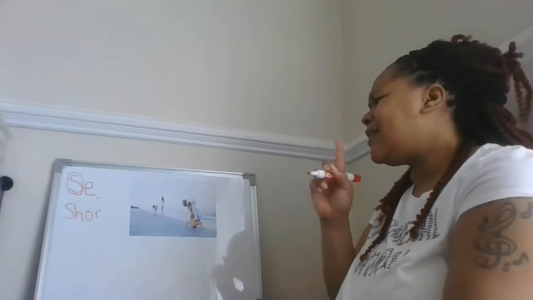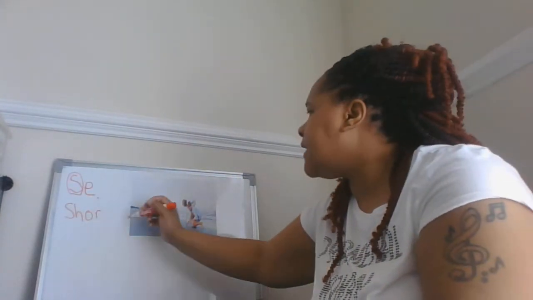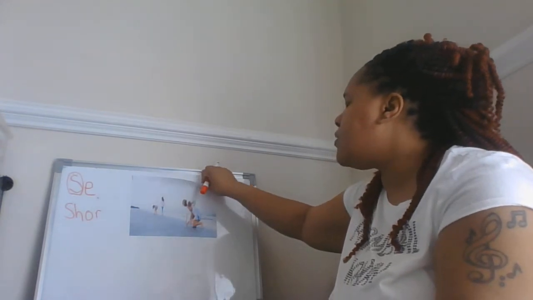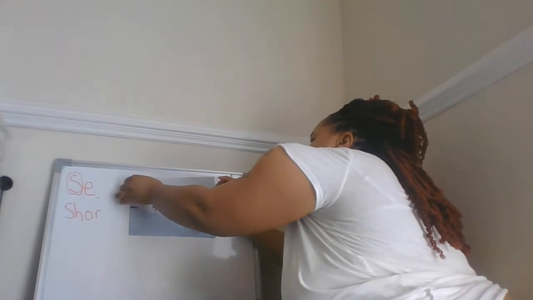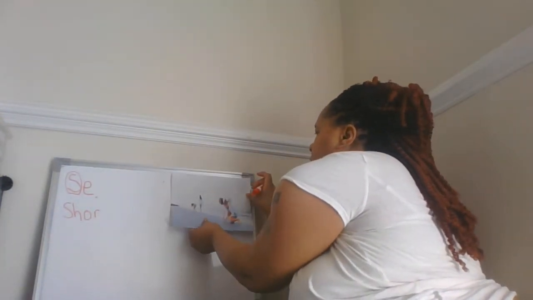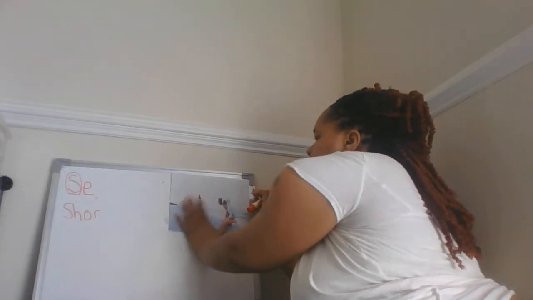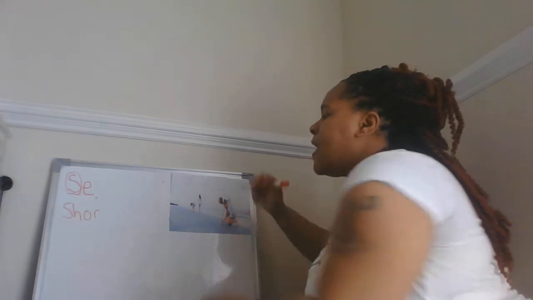Okay, so let's see if we are right with spelling seashore. Okay, we're going to move this over some. Put it right here. Okay, guys, move our seashore over here. All right.